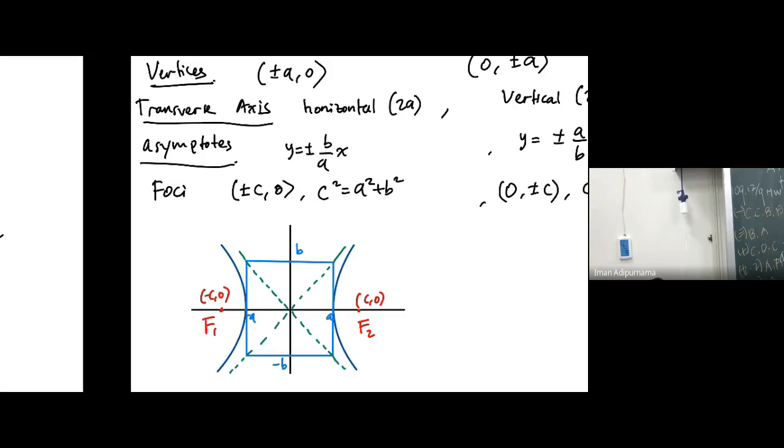And how to draw that? You need to know a, and then later you need to know the c here. You can see it from your a and b, a squared plus b squared.